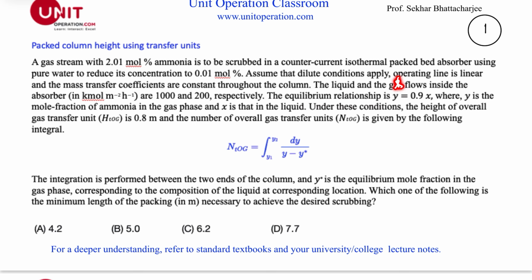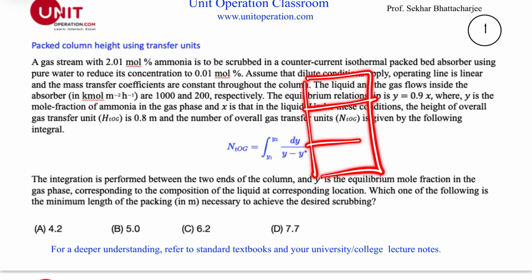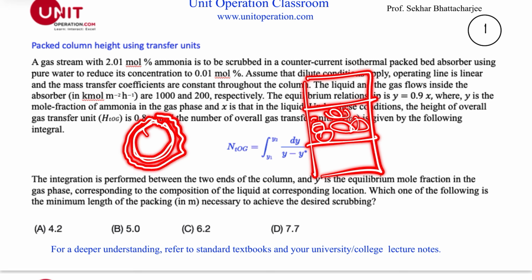Normally y star is equal to 0.9x, which means that on this packing there are a lot of packings. If we consider each individual packing, there will be a layer of water on it, and from the gas phase to the liquid phase there will be a transfer of ammonia to the water, and that water drains down to the next level of the packing and slowly trickles down along the packed bed.